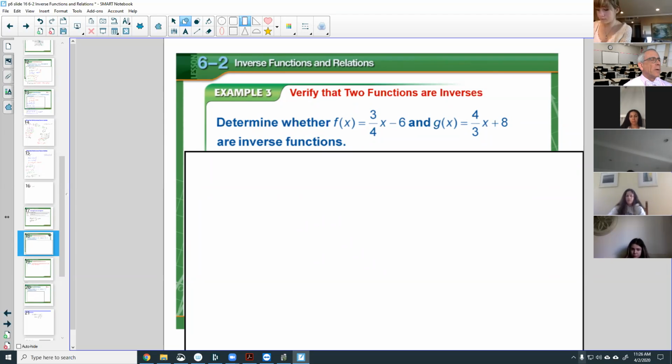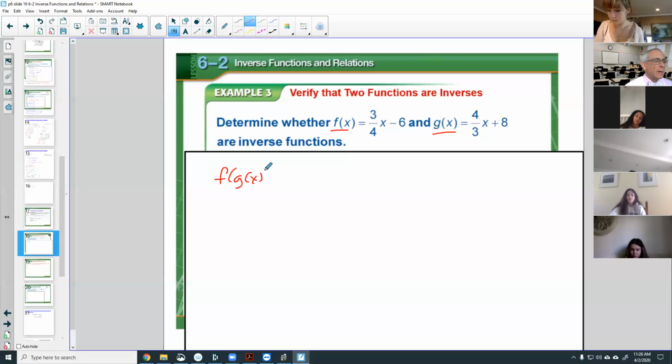All right. So here I have f of x, and here I have g of x, and I want to prove that these are inverse functions of one another. So let's do f of g of x.